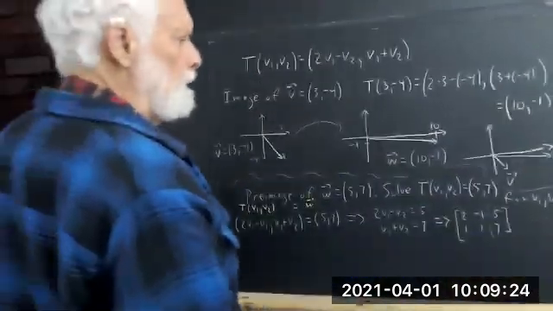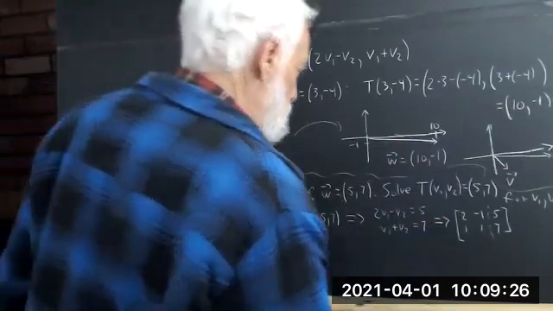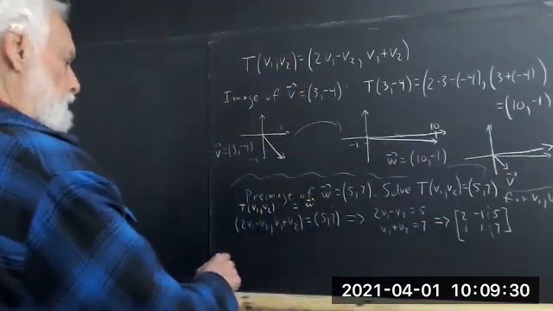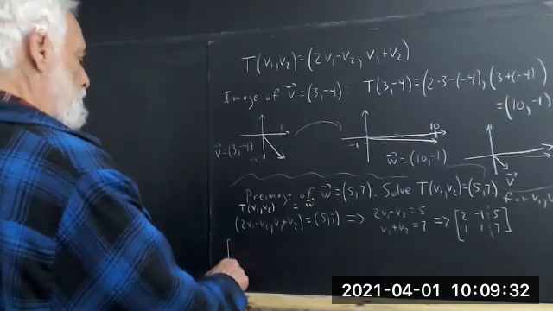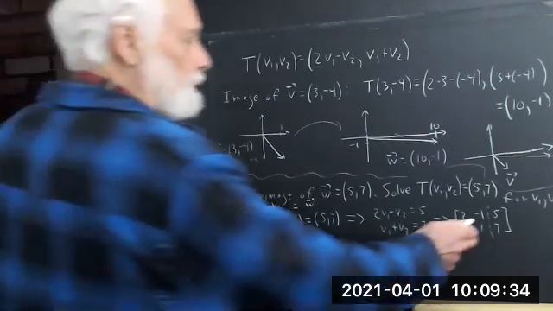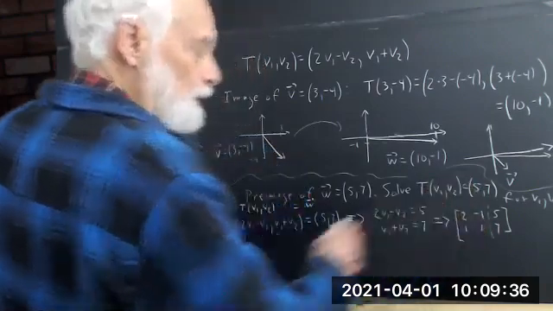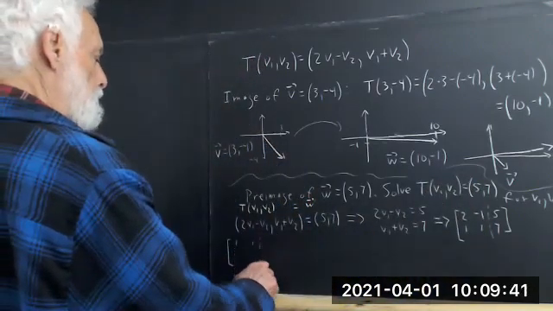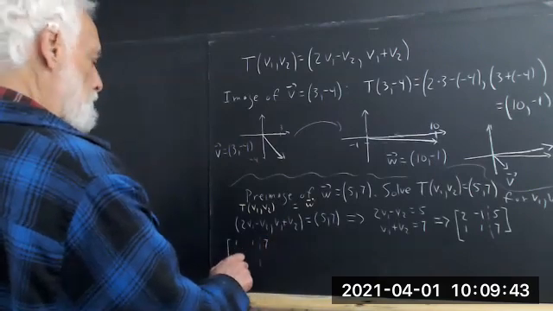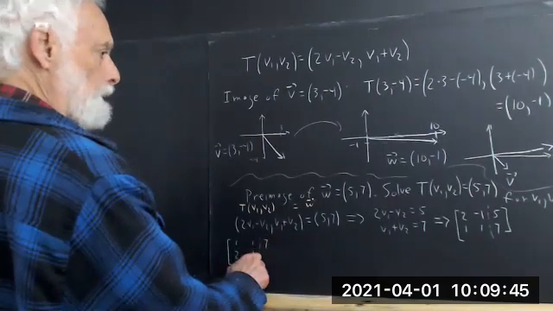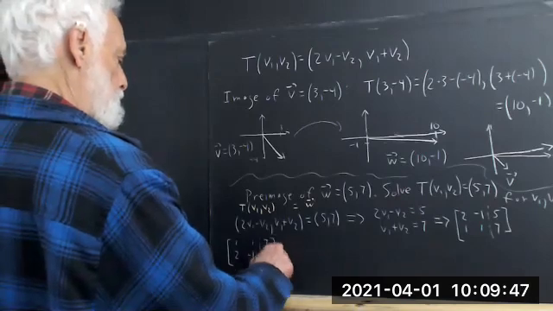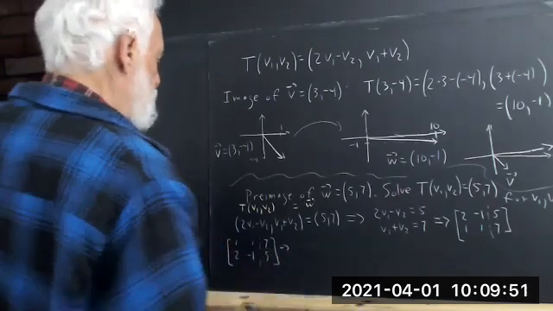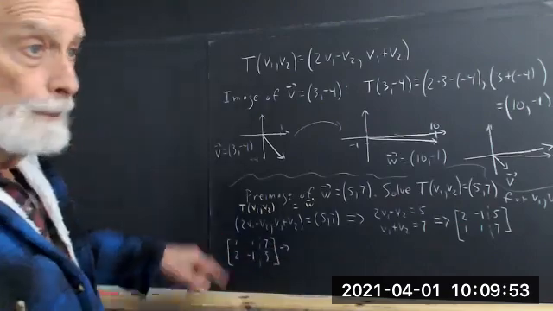To get the geometry, we might as well go ahead and reduce this matrix. So I'm going to skip a step here, but this matrix, I'm going to switch the first and second column. And there we have it. I did that just so it'd be easy to get a 1 here.